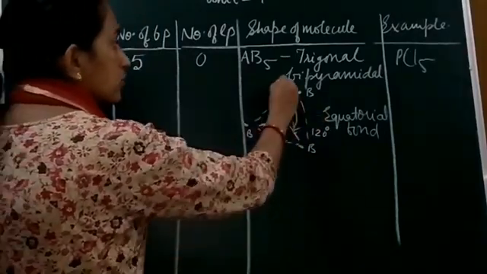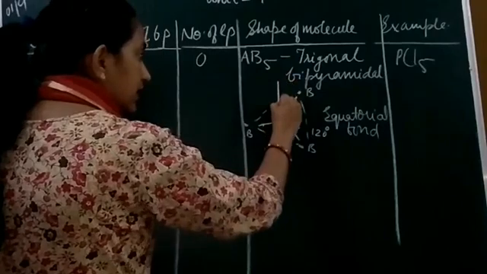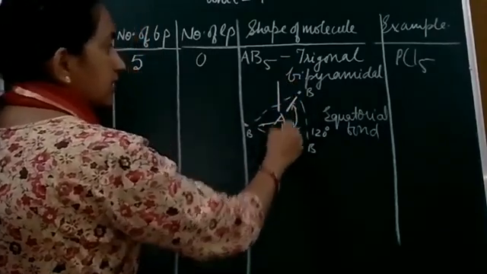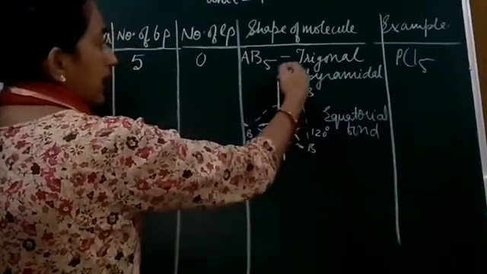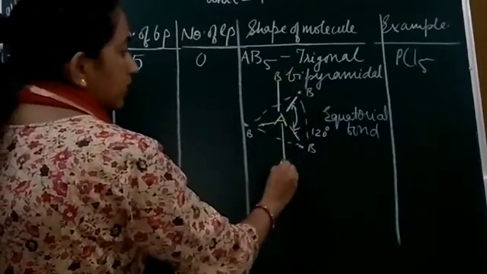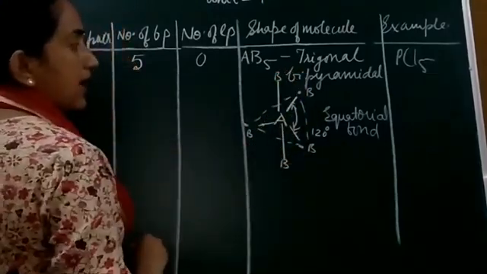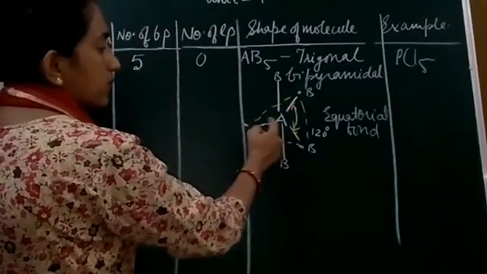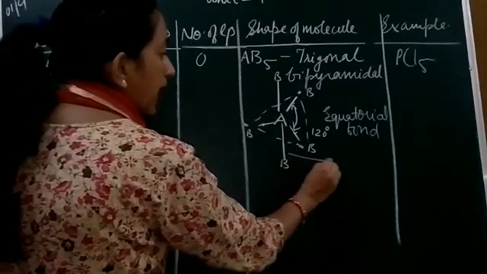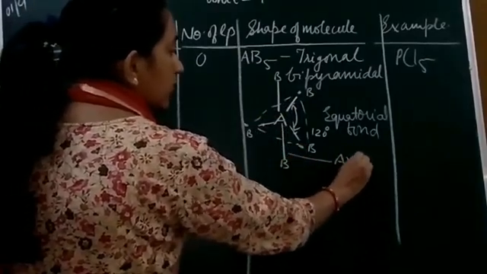Now the remaining two: one is here, another is here. It's trigonal bipyramidal, so one up and one down. This bond is known as the axial bond.